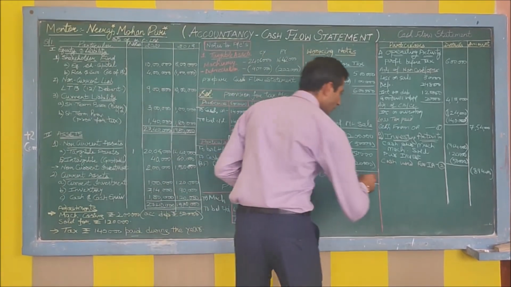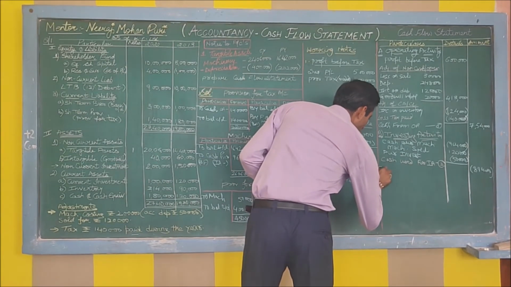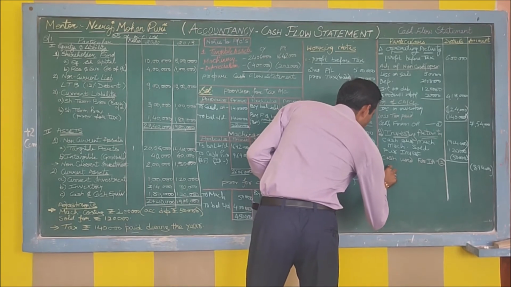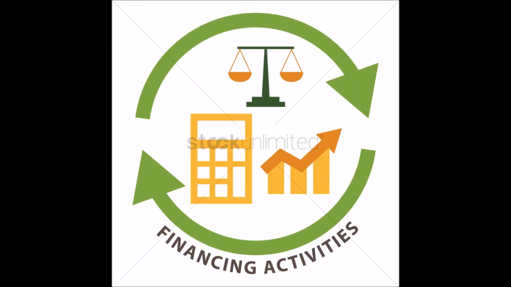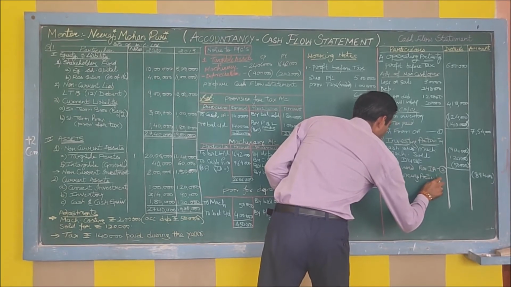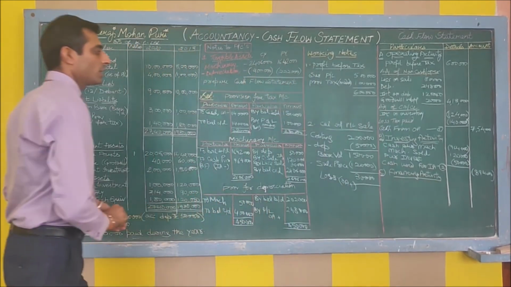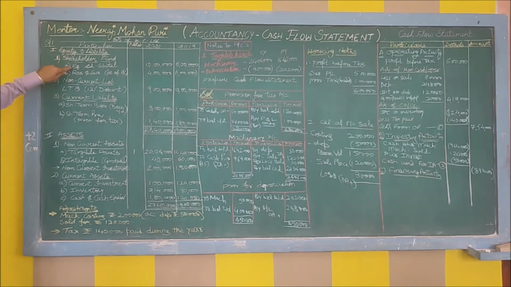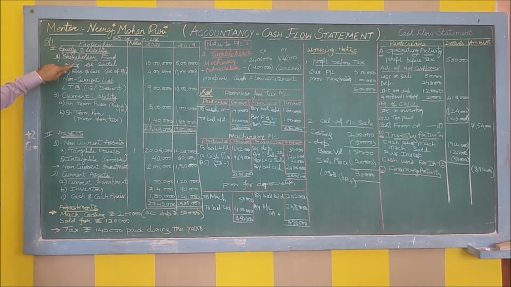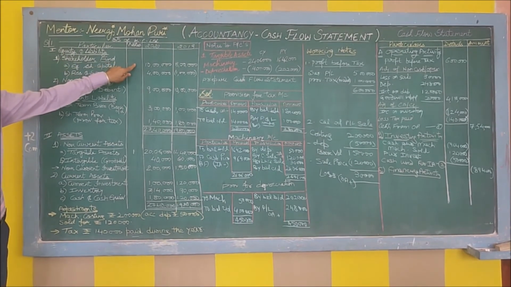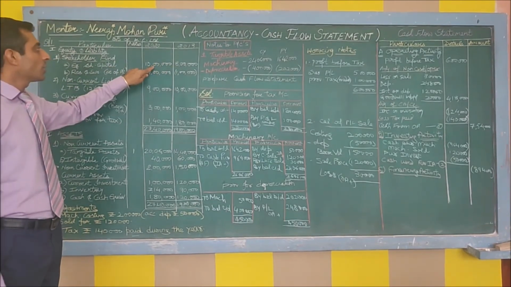Moving on to the third activity, that is the final activity, financing activity. The remaining left out items. So double underline it to highlight. Come to the first part, that is the balance sheet's equity share capital. If there is no known adjustment, we will directly take the difference.